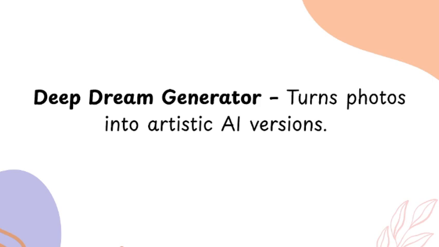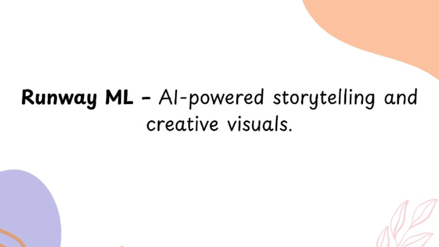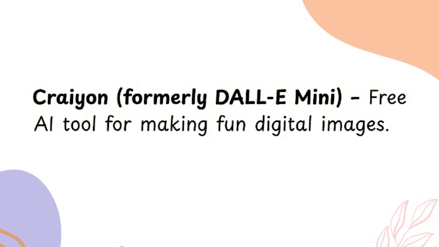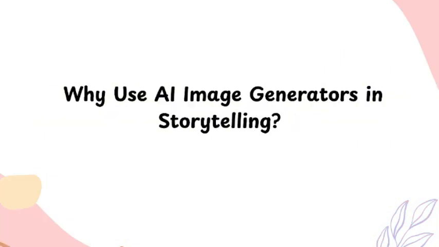The Deep Dream Generator is one of the AIs that does that. We also have Runway ML, which is AI-powered storytelling and creative visuals. This AI specializes in storytelling. Different AIs have a particular thing they know how to do best.